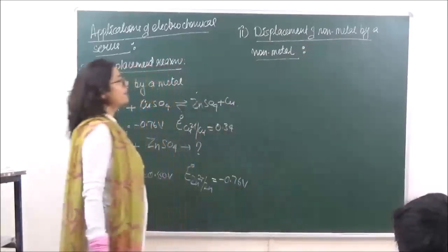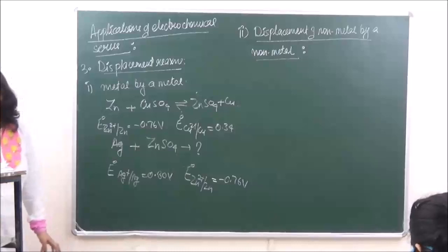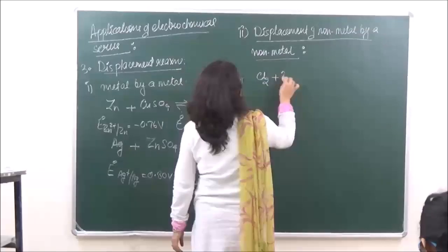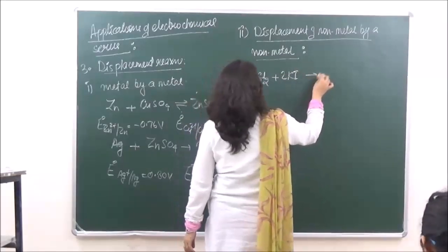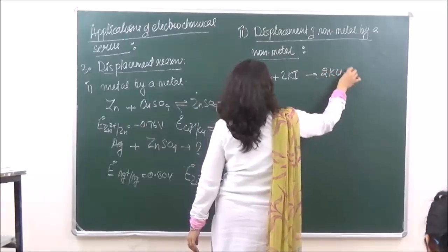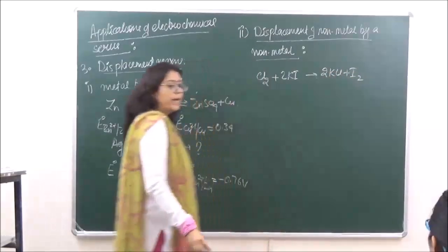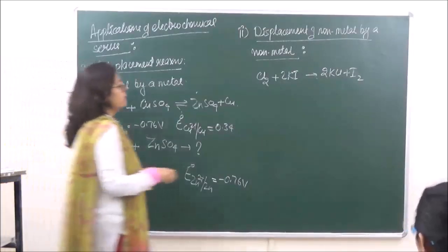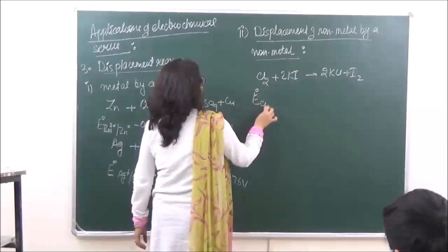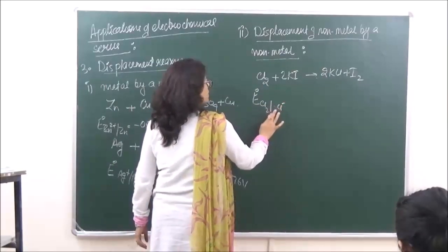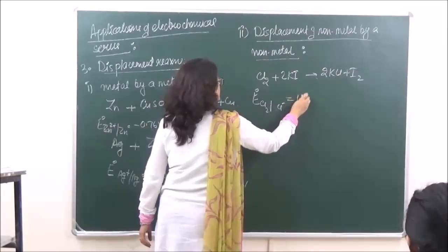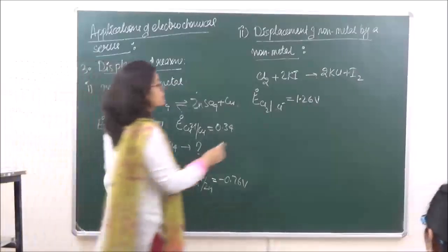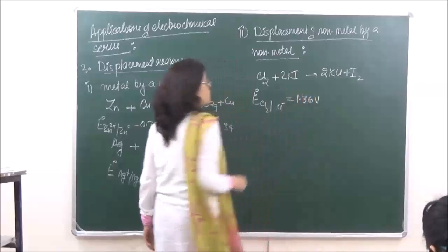Displacement of non-metal by a non-metal. Let's illustrate this also with the help of an example. We are taking one equation: Cl2 plus 2KI to give us 2KCl plus I2. Now if we are looking at the reduction potential values, the value for chlorine is equal to 1.36 volts, right?